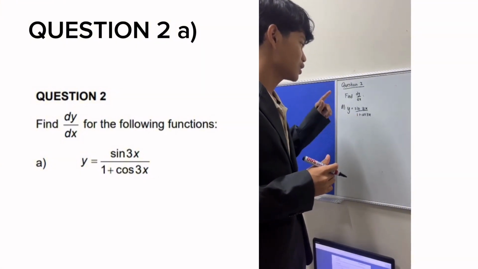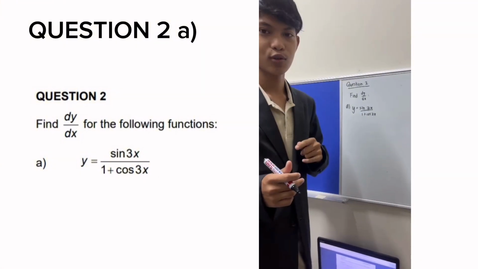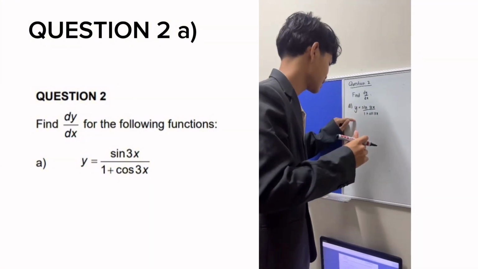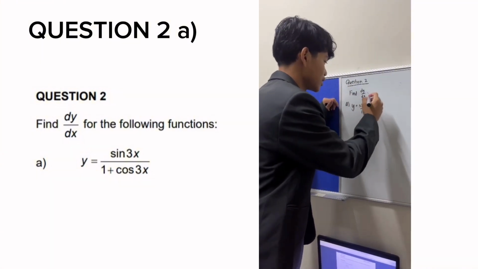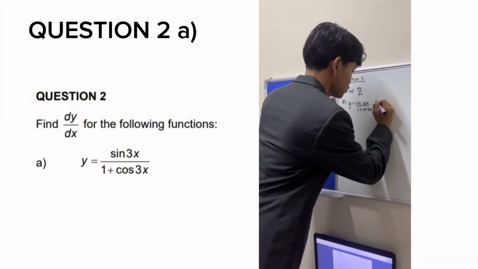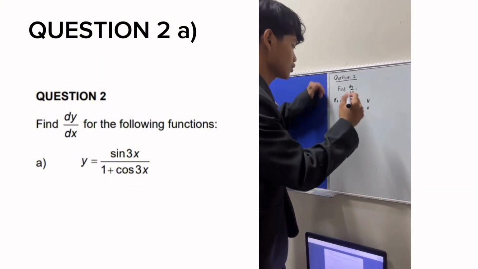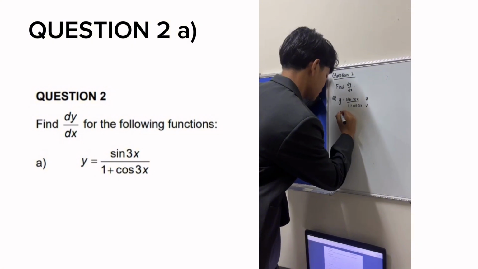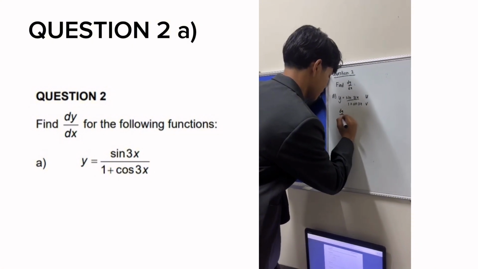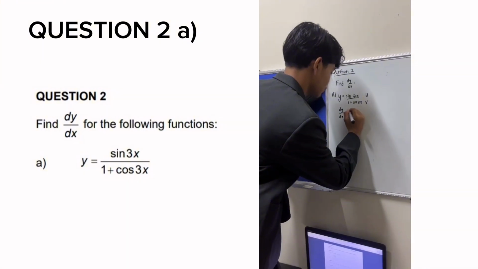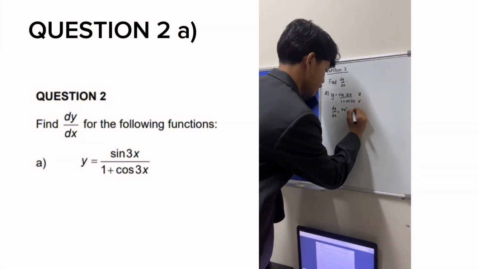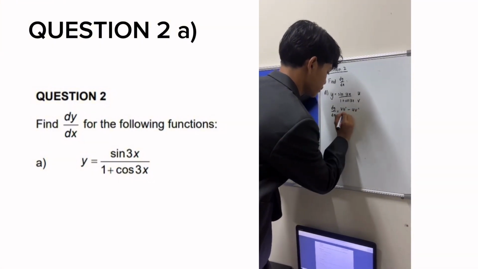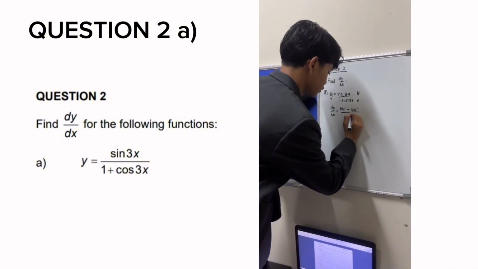So you need to use the quotient rule to get dy/dx. We classify this as u and v. So the formula is dy/dx equals (v u prime minus u v prime) over v squared.